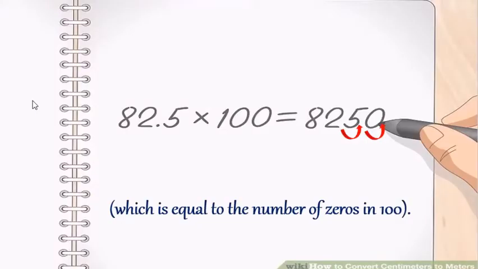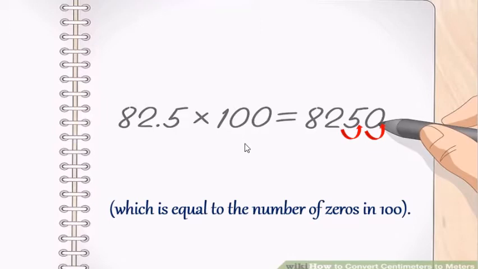Okay children, let's see how to convert meters into centimeters. Multiply the number of meters by 100. If you need to convert from meters to centimeters, you must multiply by 100 instead of dividing by 100.